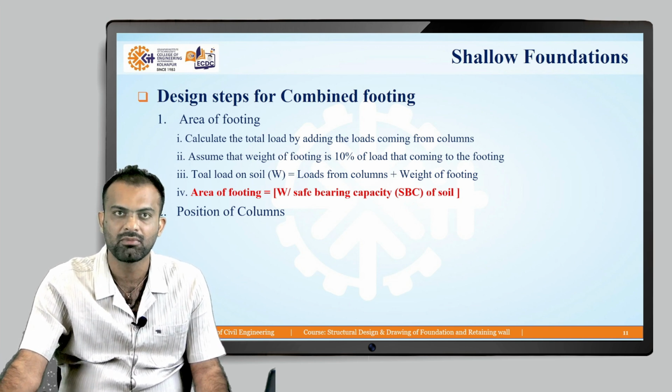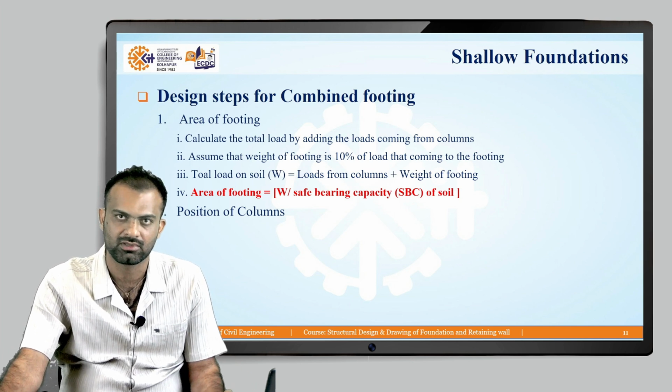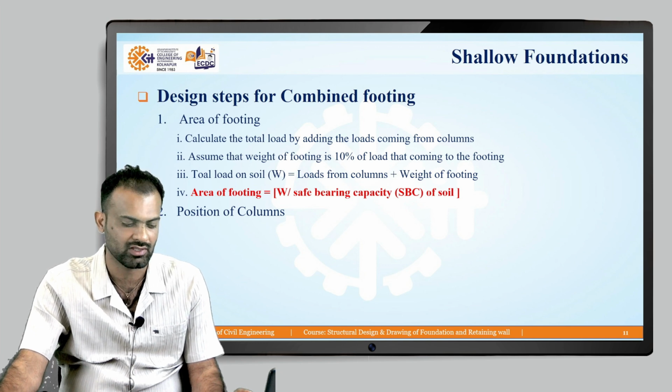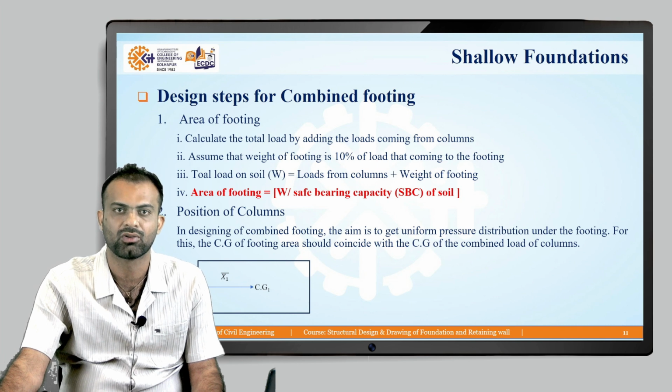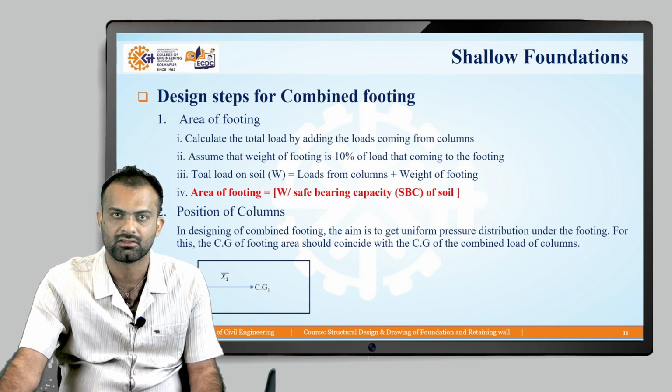The primary aim in designing a combined footing is that the CG of the footing must coincide with the CG of the loads coming to the footing. For example, if you look at the shape, this is the plan of the footing.